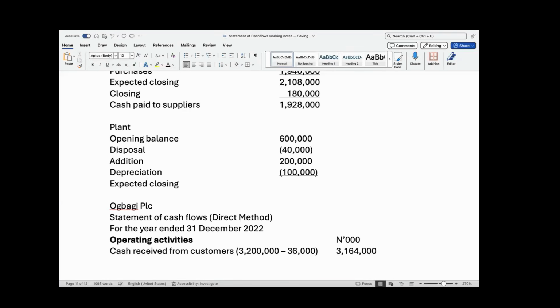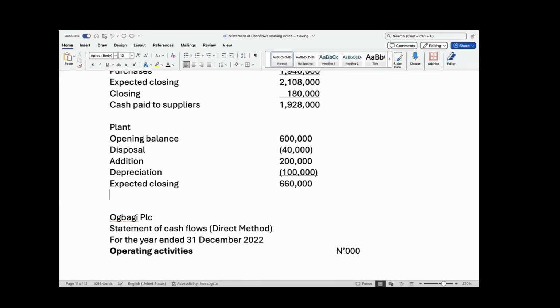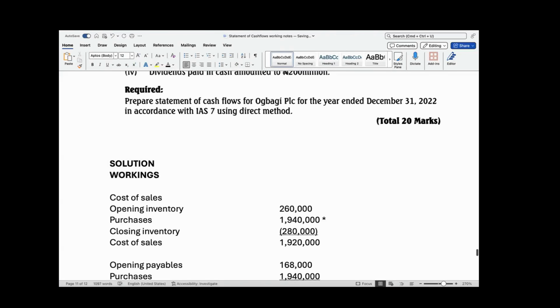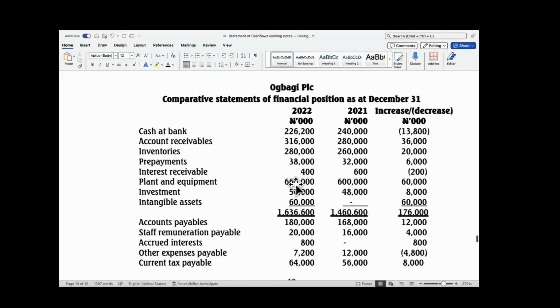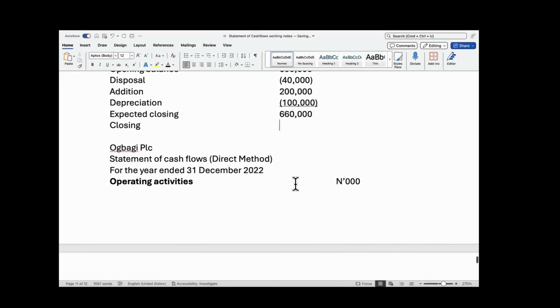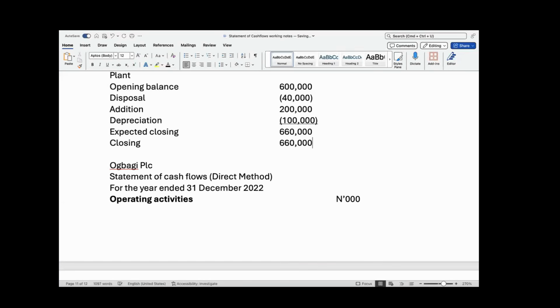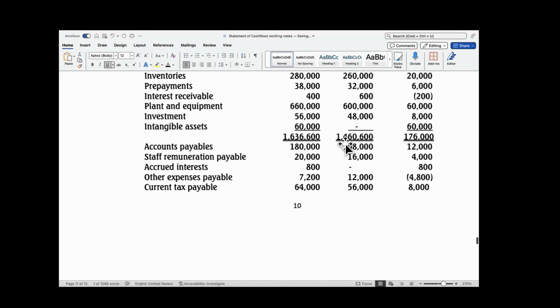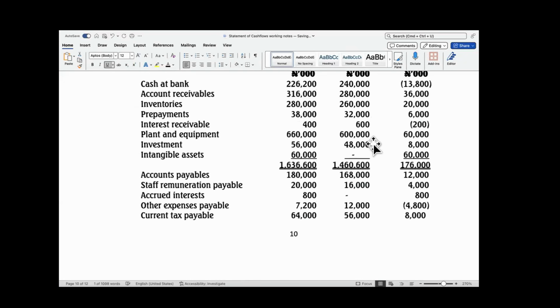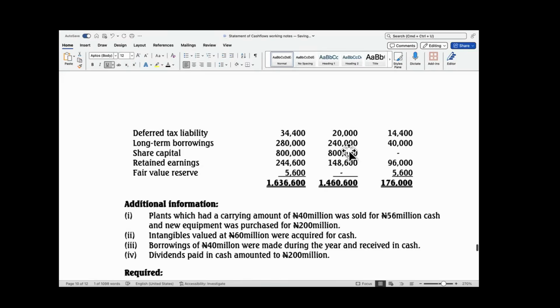How much will this give me? 660,000. So what closing do I have? Okay, 660. So it has balanced out now. I just really needed to understand this 60 that is moving here. There is no other thing aside from what they have told me.